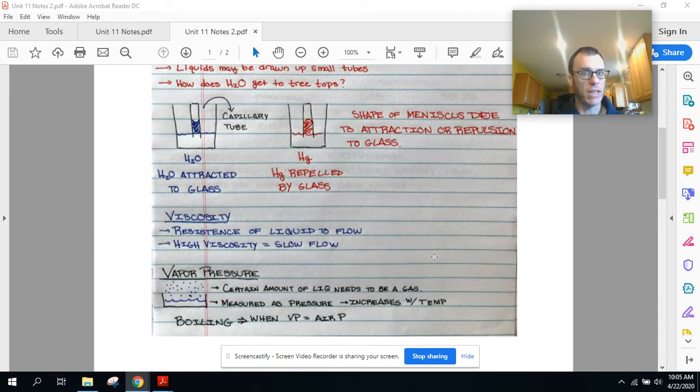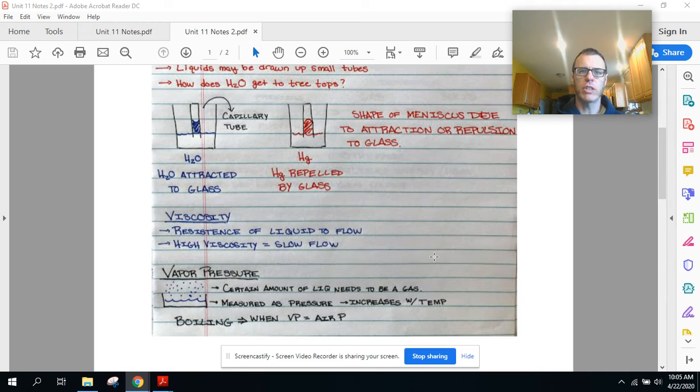In both, you have a change from a liquid to gas, but evaporation works because of this vapor pressure. A certain amount of liquid needs to be a gas right above it, except gas is spread out. So a little bit of that liquid turns into a gas and then spreads out through the room. So more of that liquid has to vaporize in order to have gas above the liquid. It's measured as a pressure because that's how we measure gases.